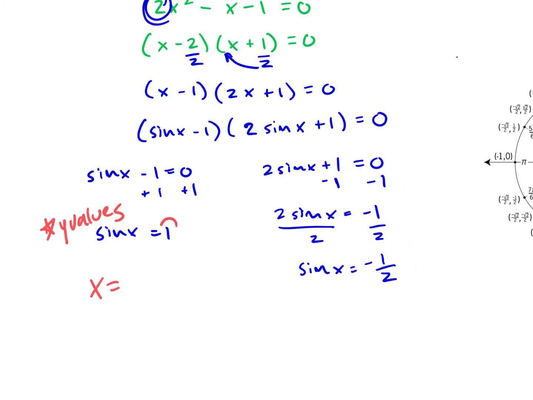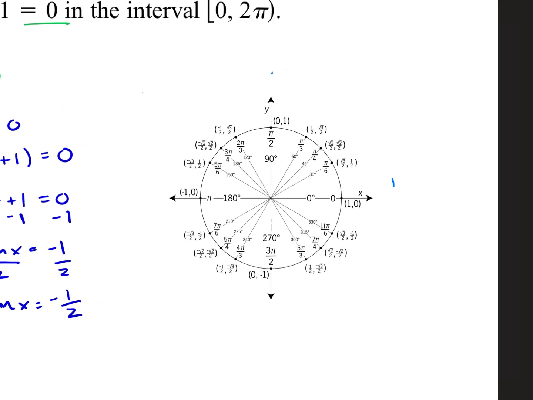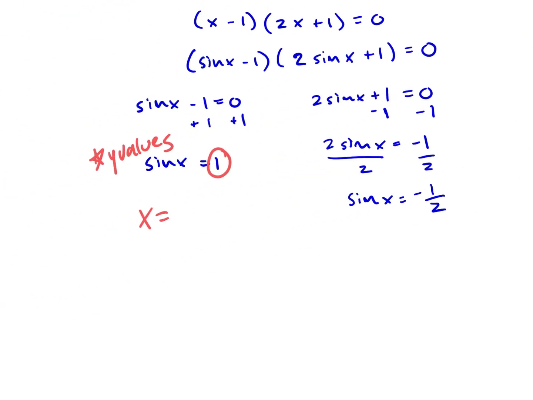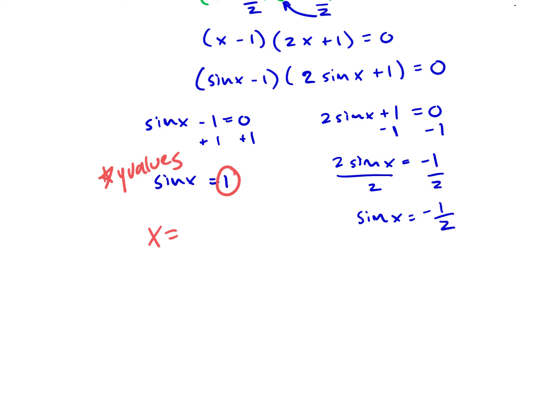I have to see where is y 1. Pi over 2. Anywhere else? Wait, why are we looking for a y? The first one is 1. Nope, so just pi over 2. For the second one, again, it's sine, so we're finding y values.